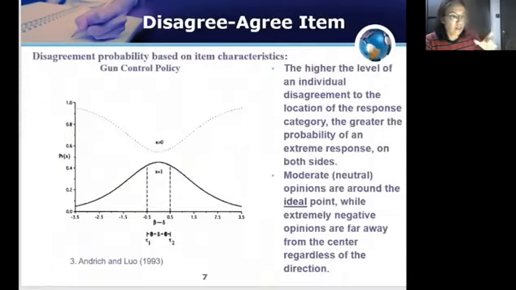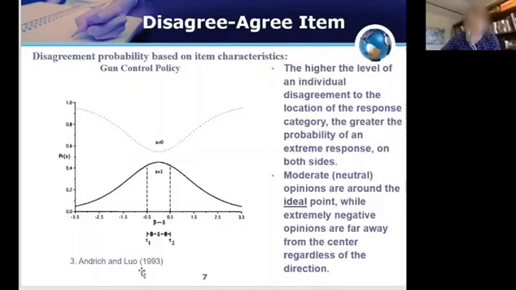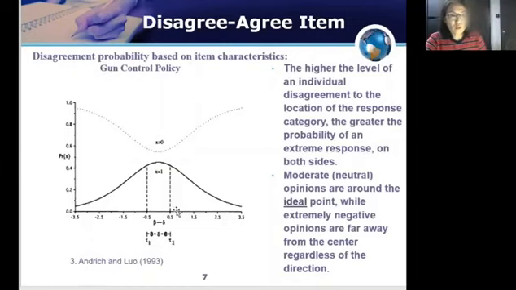That is here. According to these people, for example, this is an explicit case, gun control policy. George is around here, maybe. Alice is around here. They are strongly disagree people, but they happen to show their one observed response to the survey item. Here is a moderate person. Let's say this is the ideal point, even though it doesn't mean ideal.